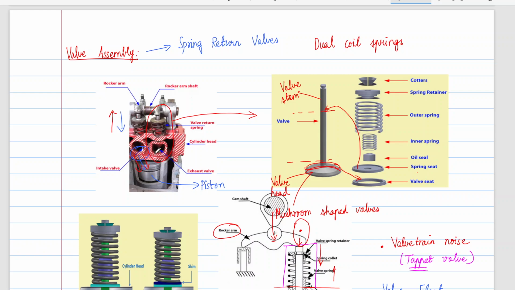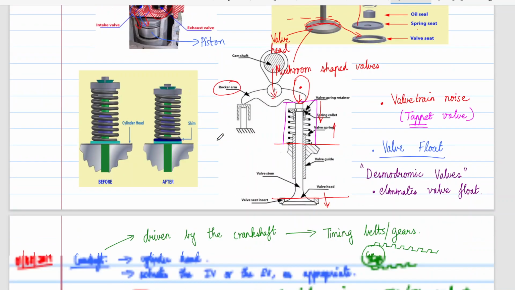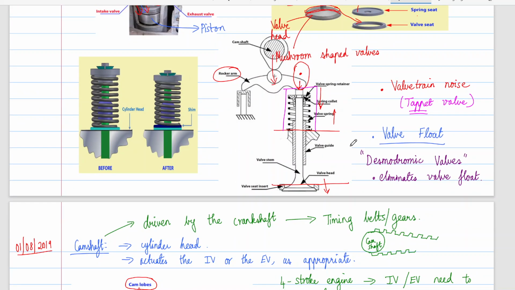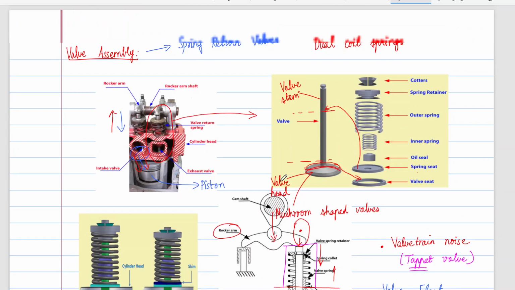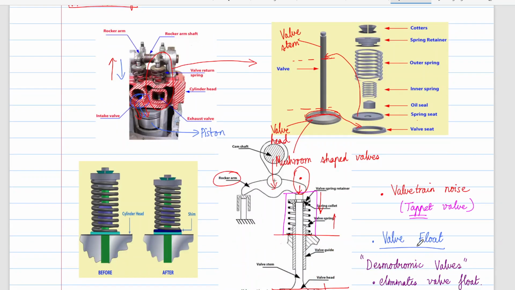And second is to remove the exhaust. So, desmodromic valves are the valves which will have some floating element.